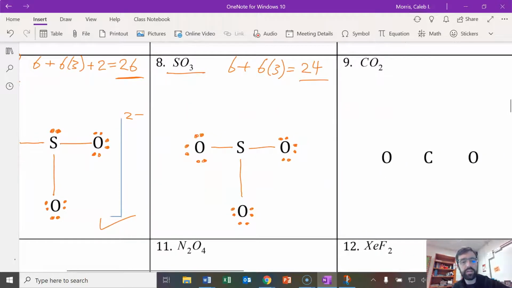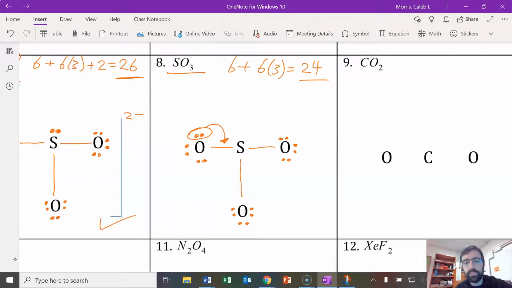So as we look at this, sulfur is not happy. Oxygen is, but sulfur only has 6. So what we need to do is take one of the electron pairs from oxygen, and it can be any of these. We could take it from here, or here, or here. It really doesn't matter. And make a double bond.